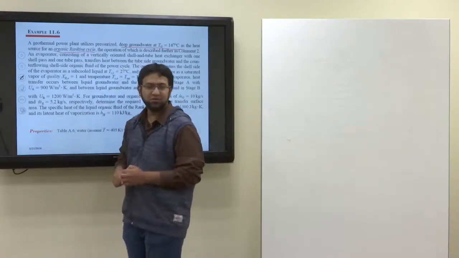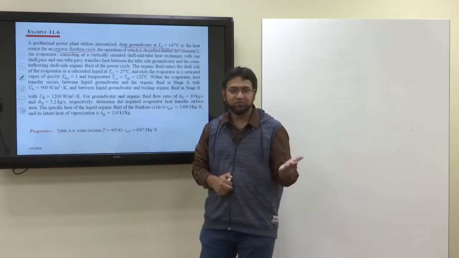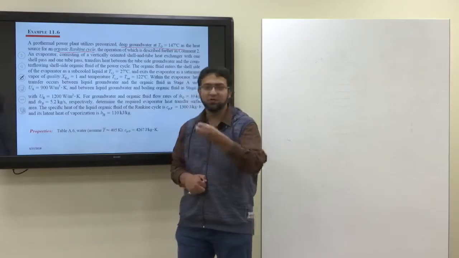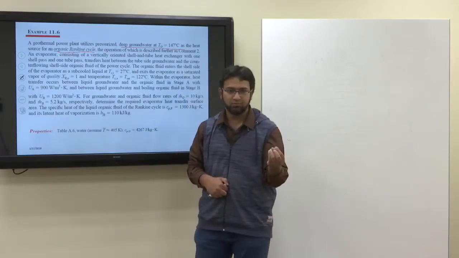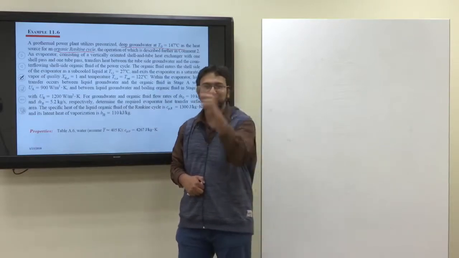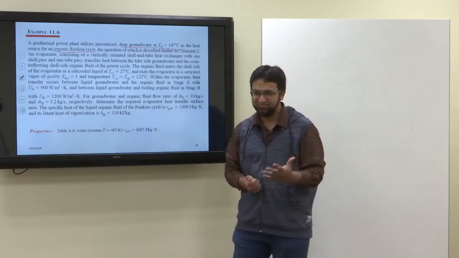What's the difference between the organic Rankine cycle and the regular Rankine cycle that you have studied? The only difference is that instead of using steam, they use some organic fluid. Like? I don't know, go to chemistry.